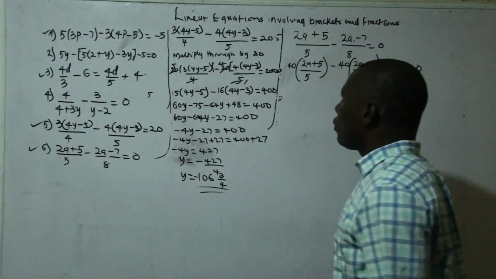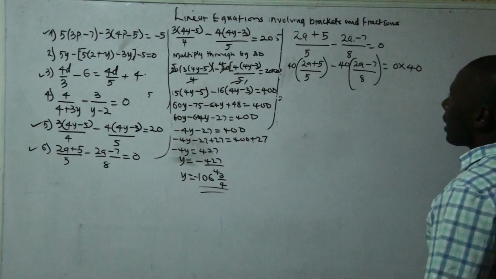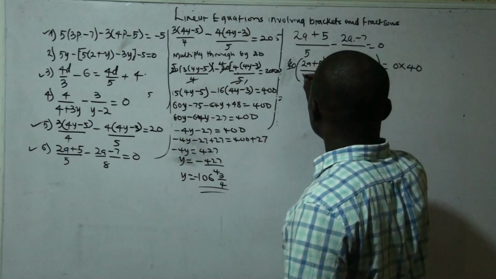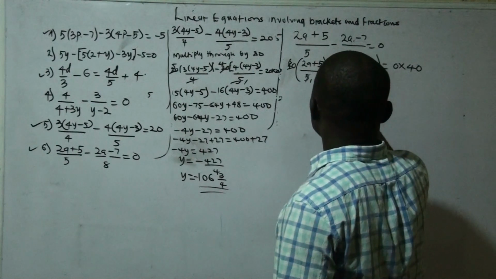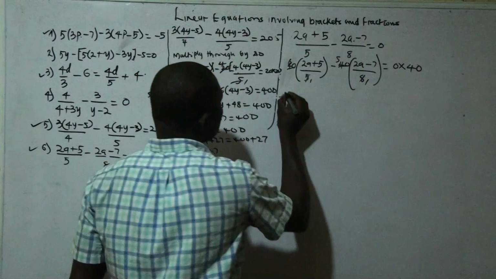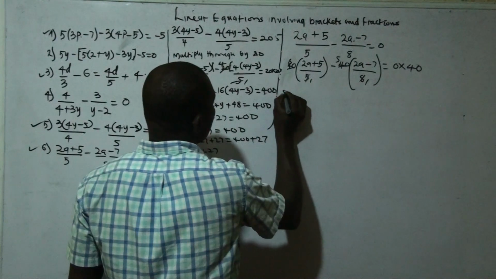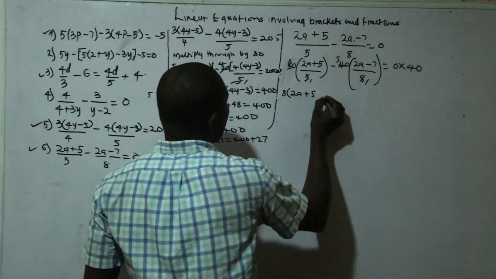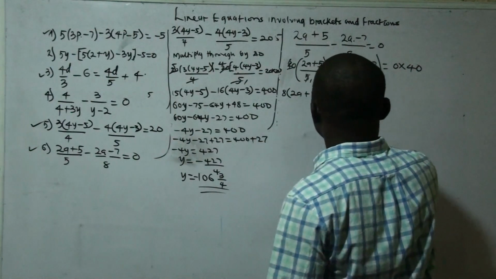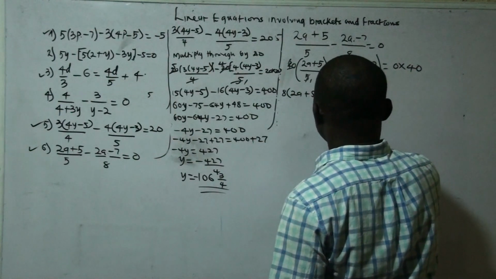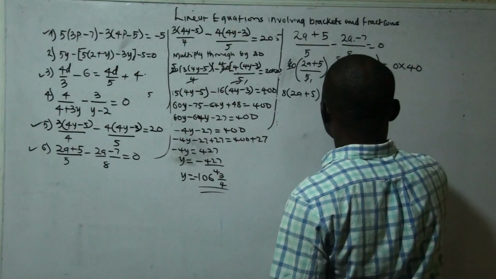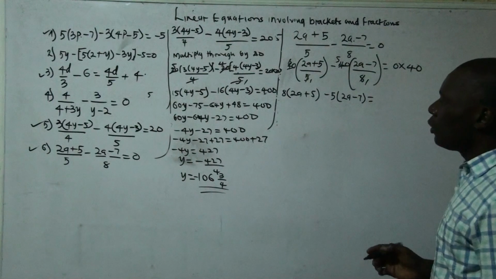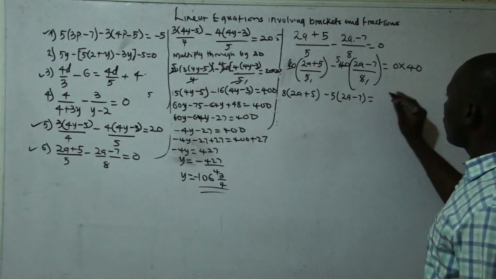So we are multiplying through by the LCM, both sides. 5 in 40 is 8. 8 in 40 is 5. So this becomes 8 into 2a plus 5 minus 5 into 2a minus 7, and 0 multiplied by 40 is 0.